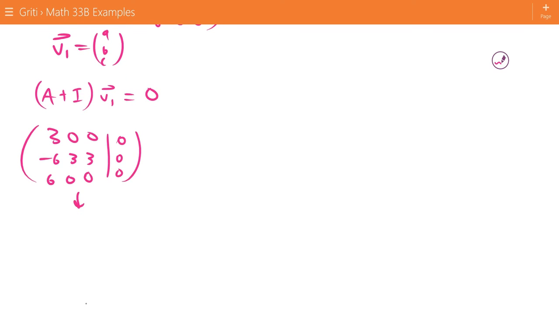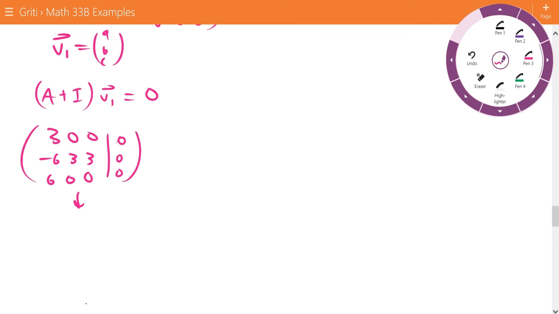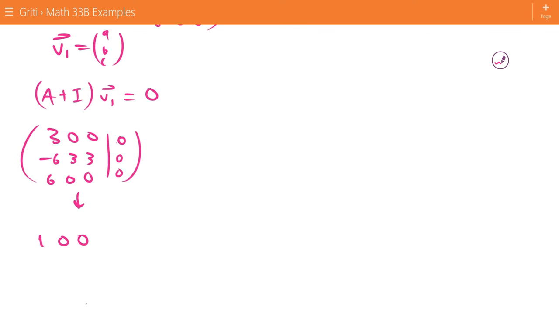Row reducing this gives us [1, 0, 0; 0, 1, 1; 0, 0, 0].